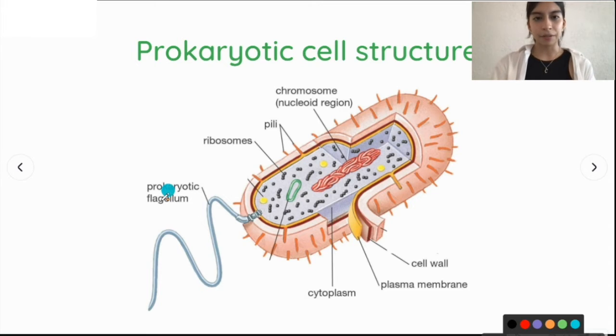The prokaryotic flagellum is this kind of tail that helps the cell move around. And the cytoplasm is all around the cell. The plasma membrane is this interior yellowish layer. And finally, the cell wall, which is more rigid in structure.